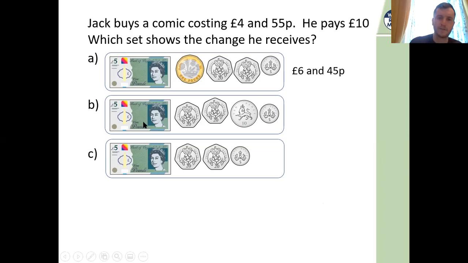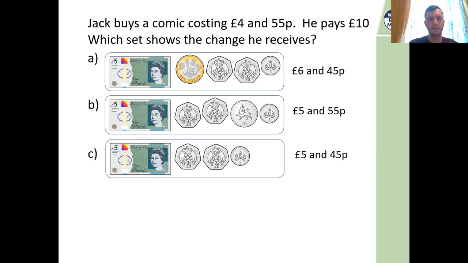This next one, there is £5, 20, 40, 50, 5. £5, 55. The next one, there is £5, 20, 40, 5. £5 and 45 pence. Which one do you think will be the right amount of change?